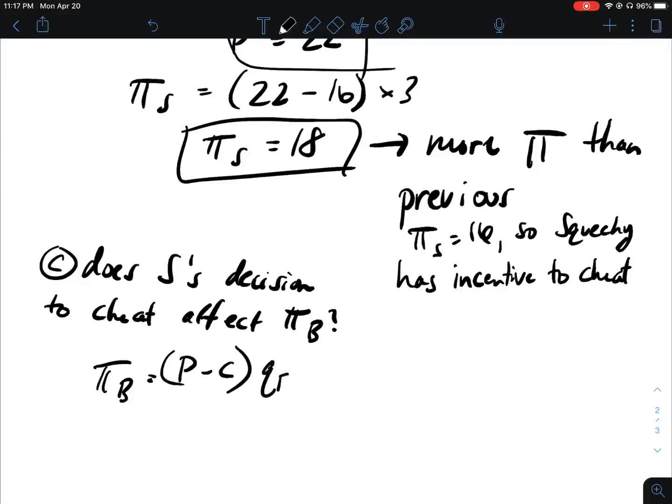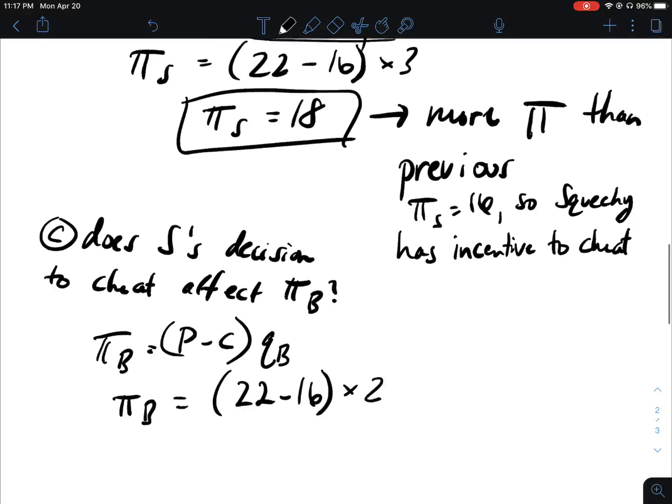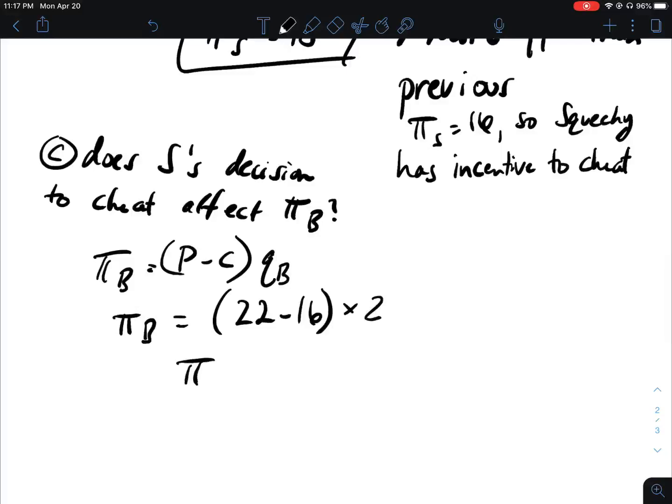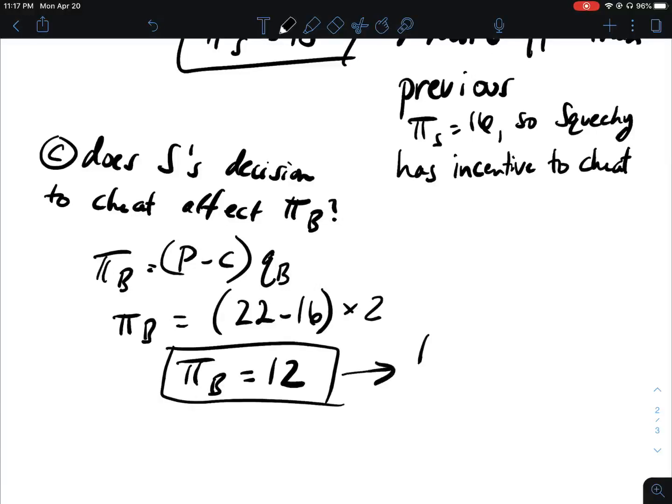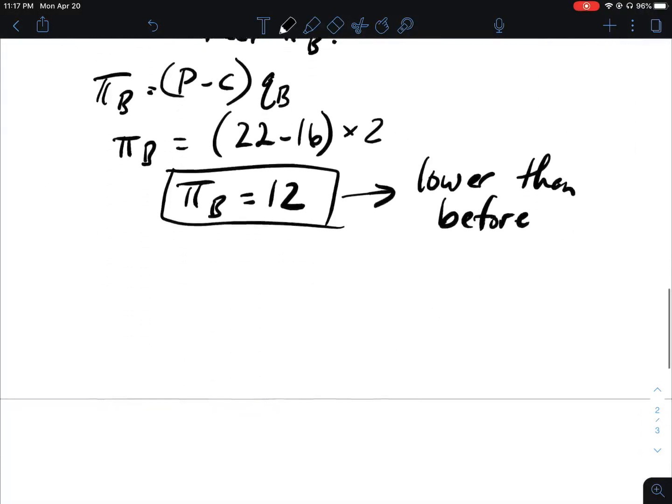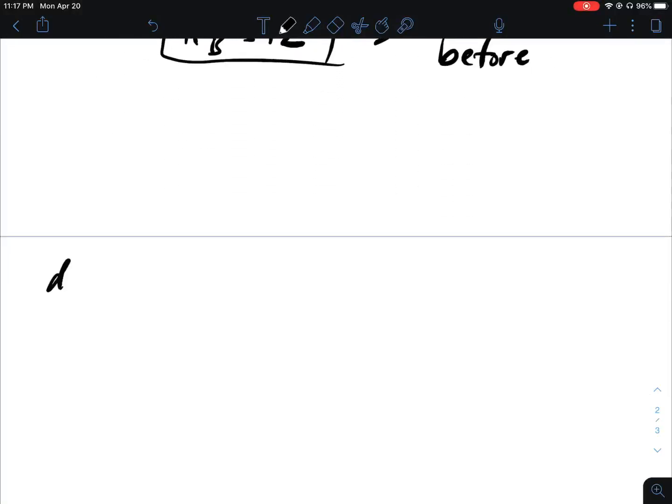So profit for BioBase is still price minus cost times quantity, but we have the new lower price, so it's 22 minus 16 times 2. BioBase's quantity doesn't change, only Squeaky Clean is cheating. So the profit for BioBase is 12. They were making a profit of 16 before, but when Squeaky Clean decides to cheat, BioBase ends up with a lower profit.